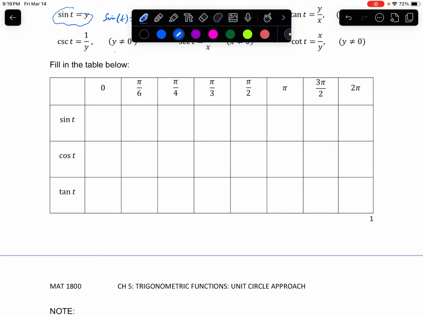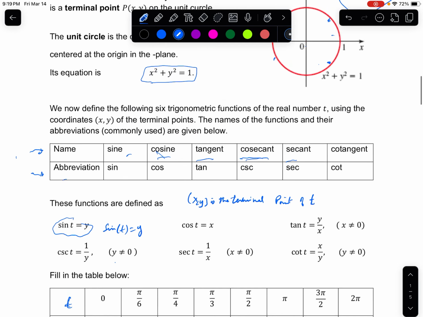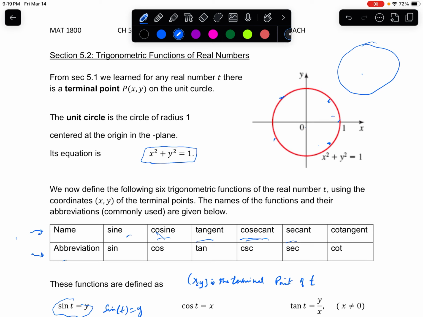For t equal to 0, this is t in the first row. When t is 0, where is the point? The point will be right here where the positive x-axis crosses the circle. What are the coordinates here? 1, 0.